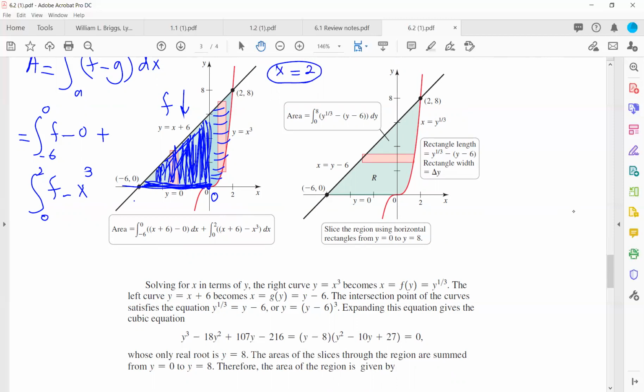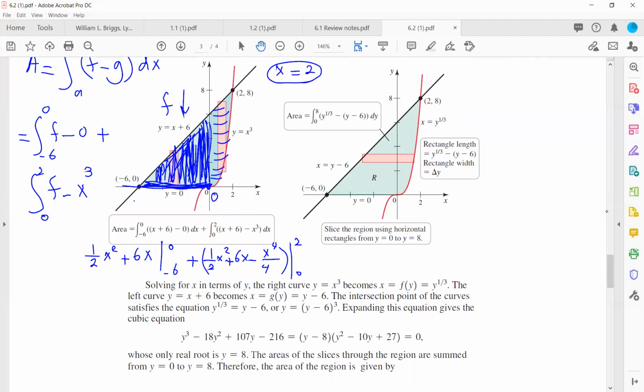So on the left-hand side, you get a half x squared plus 6x, where x ranges from -6 to 0, plus a half x squared plus 6x minus x to the 4th divided by 4, where x ranges from 0 to 2.